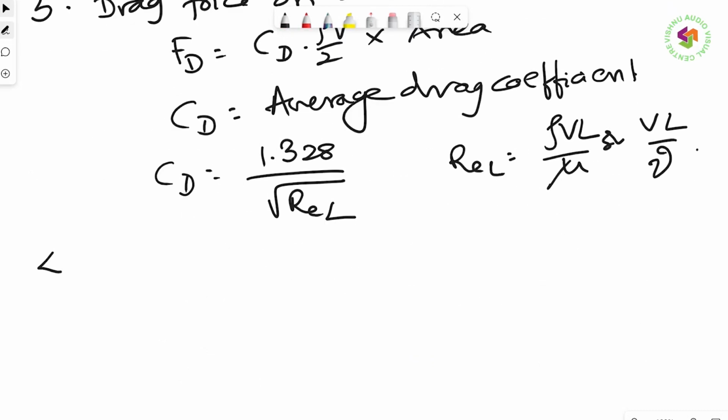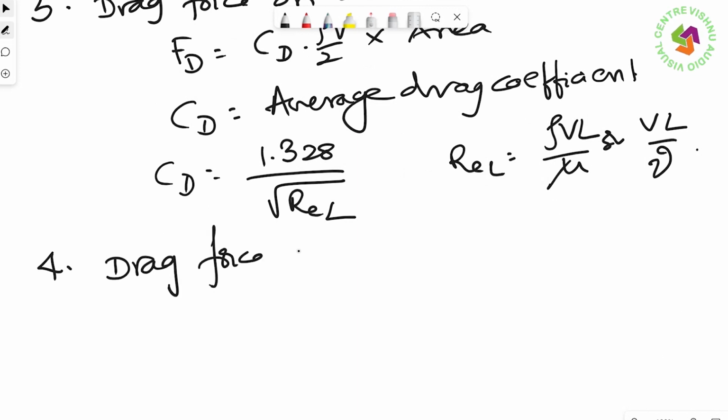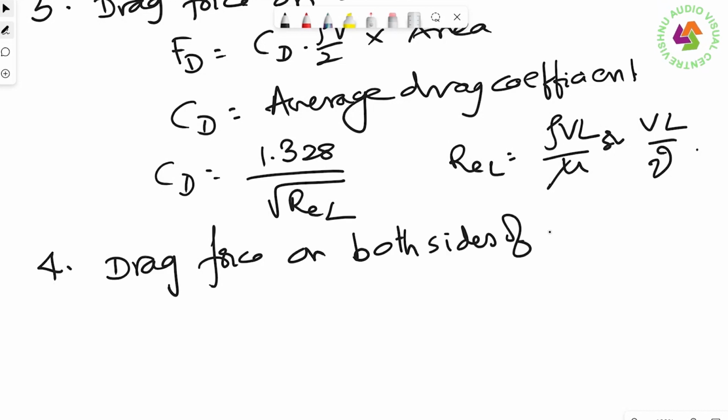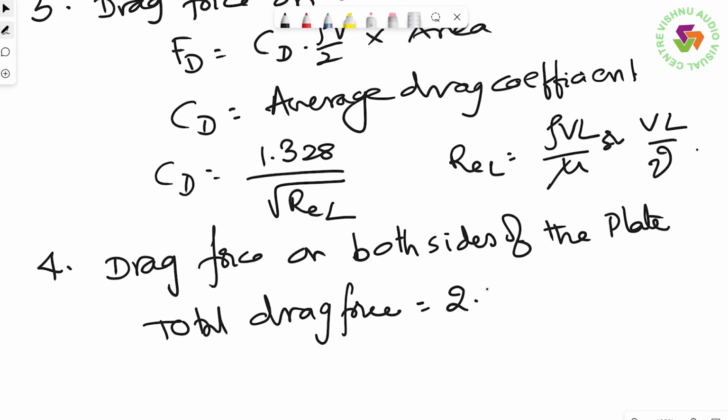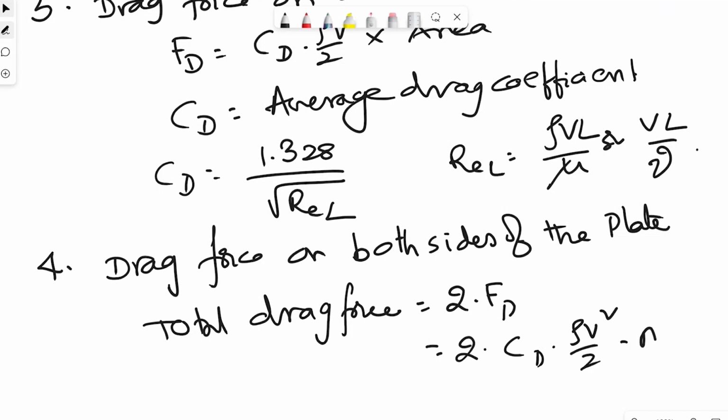And the fourth point is the drag force on both sides of the plate. If you want to calculate the drag force on both sides of the plate, then naturally the total drag force is equal to 2 times FD. That is 2 into CD into rho V square by 2 into area.